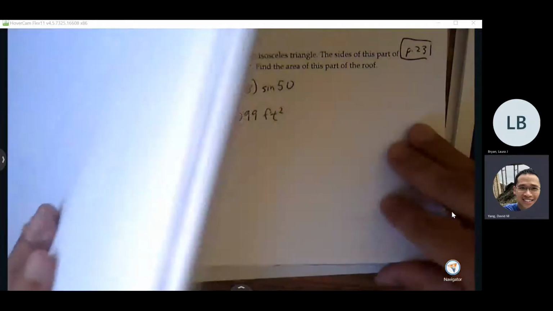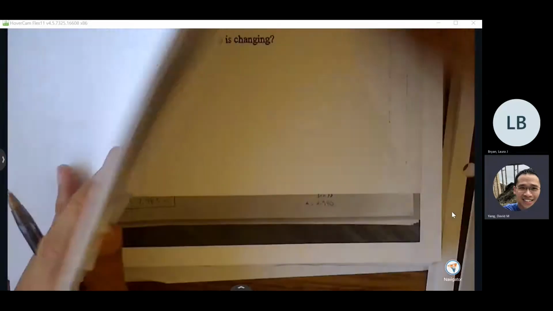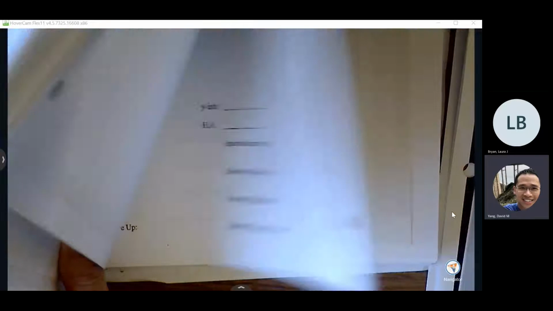We have some extra problems that we may not be able to get to in class. Let's try page 18.